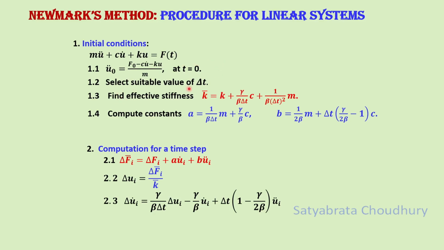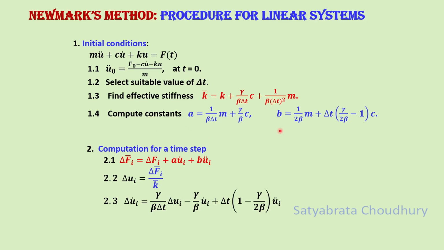Then you select the time interval. Selection of the time interval we shall be discussing in the next video. Find the effective stiffness. There is a term here which is the summation of the actual stiffness, the contribution of the damping and the contribution of the mass. This combination total is called the effective stiffness K bar.